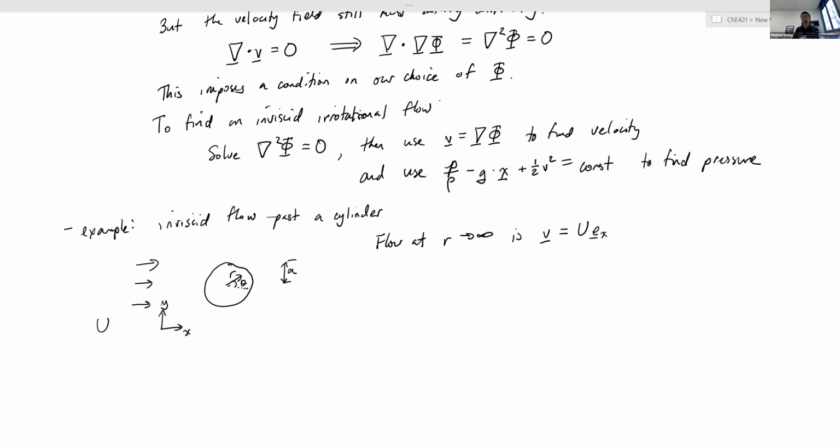Now, to convert this into cylindrical coordinates, again, it makes a lot more sense to try and solve this equation right here in cylindrical coordinates. And so let's do that, okay? To convert this into cylindrical coordinates, well, we just need to use the vector conversions and stuff, right?